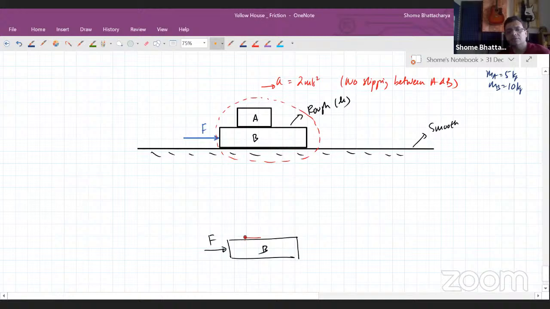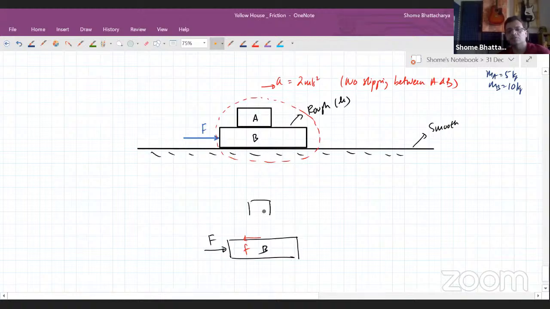So A will apply a friction on block B, which will be like this, because with respect to A, B has a tendency to slide forward. Suppose there had been no friction between them, then B would have just slid forward and A would have remained stationary. So the tendency to slip for B with respect to A is towards the right. So the friction that A applies on B is towards the left.